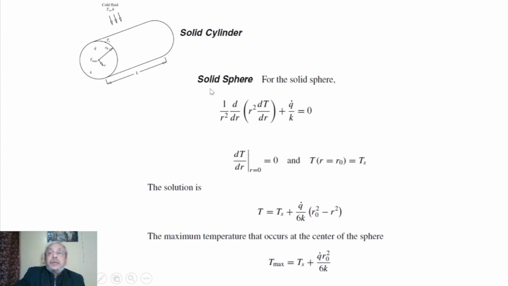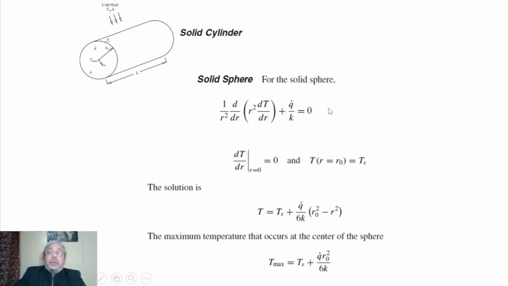If it is a solid sphere, for the governing equation, I'm not deriving everything in detail. I'm skipping some steps. Since you have already done the solid cylinder, you can fill in the blanks, so to say, with the detailed calculation.